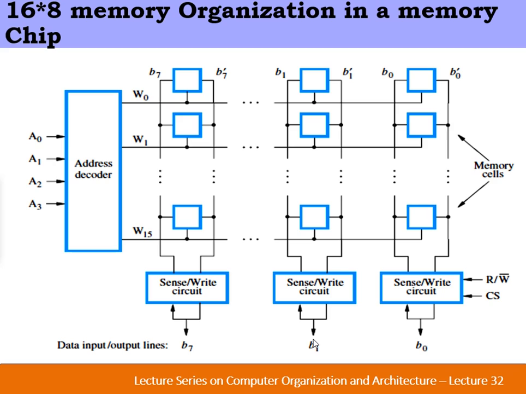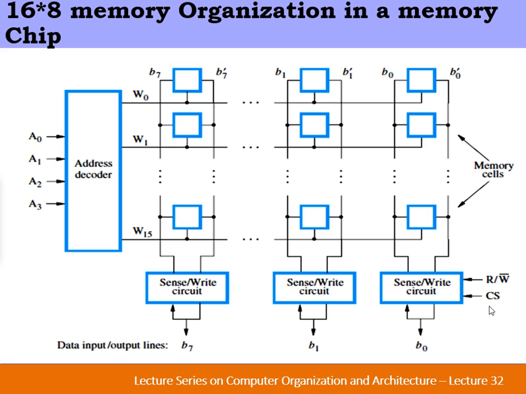Therefore the input or output lines are 8 bits. Along with that we have an additional input line called R/W bar. The R/W bar control signal can be used to perform a read or write operation. Along with this control signal we have one more control signal, called chip select, which is denoted as CS.